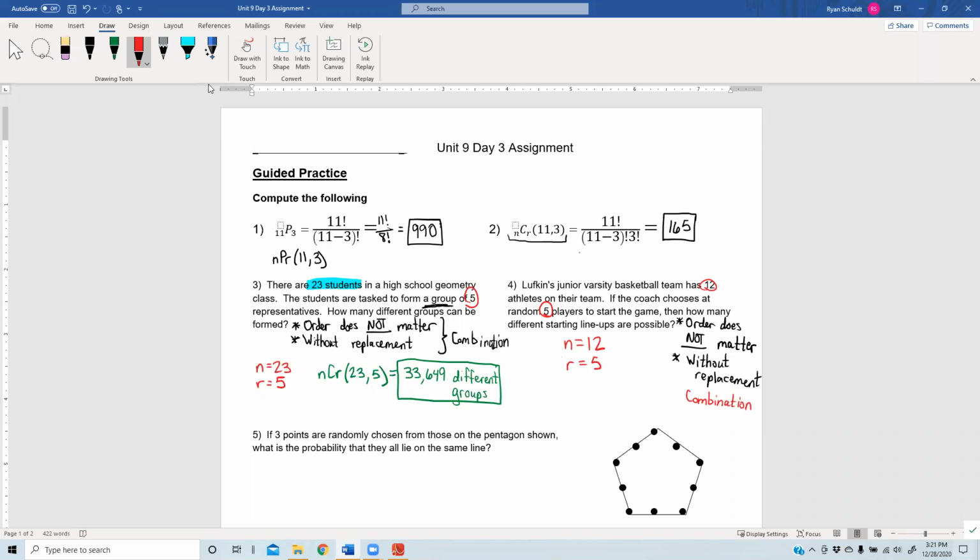So we have a combination where he has 12 and he's picking 5. Put that in your calculator.